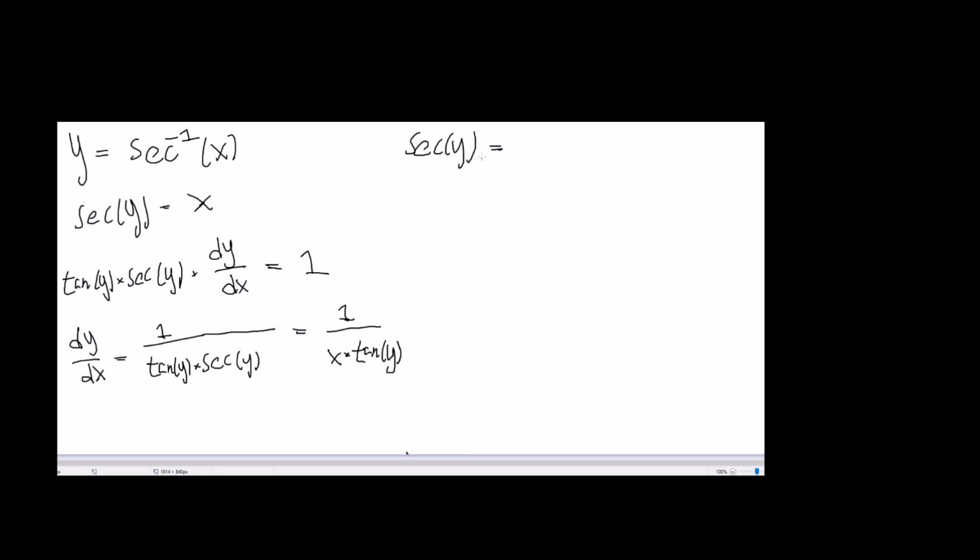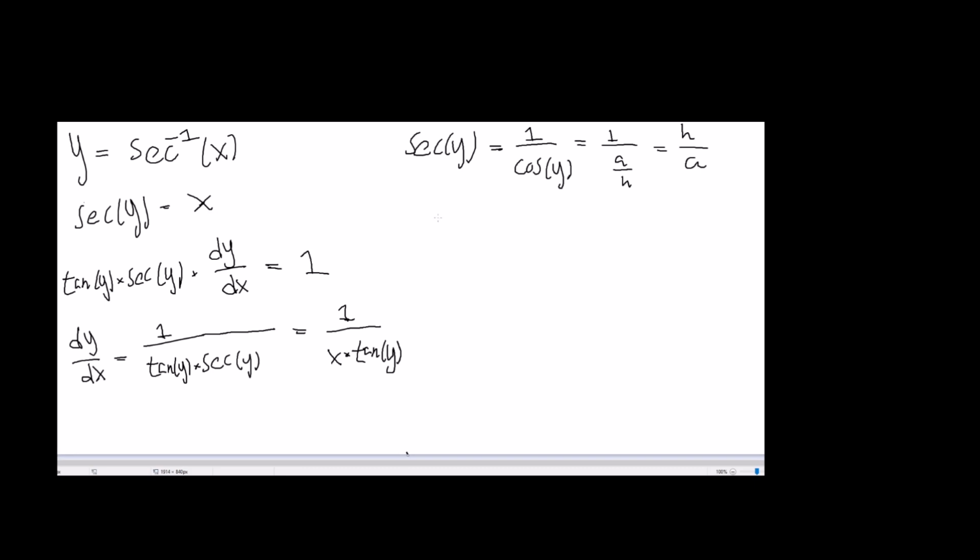And secant is the same thing as 1 divided by cosine of y. But what is cosine of y? Cosine of y usually means the adjacent side divided by the hypotenuse. Well, 1 divided by the adjacent over the hypotenuse is of course the same as the hypotenuse over the adjacent side. That's just how division works.